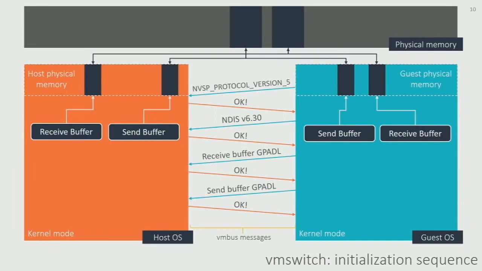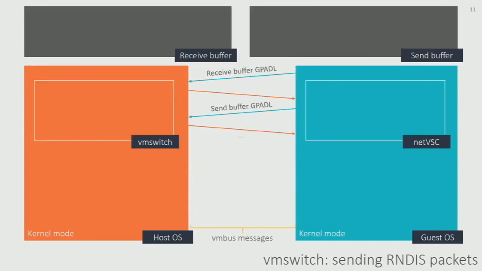So, looking a little more in detail at how these receive buffers and send buffers work, we said we have these messages that set them up in the host OS. We send this big blob of memory for each of the receive buffer and send buffer. The thing is, we want to be able to send and receive more than one packet at a time.